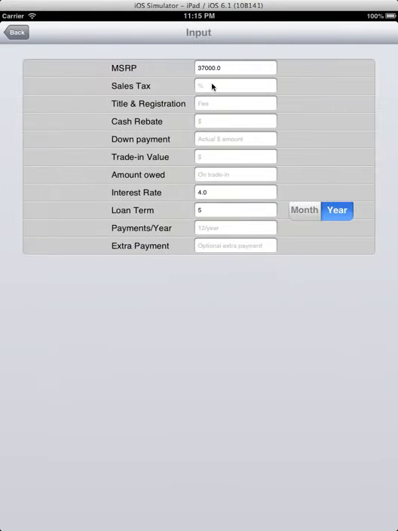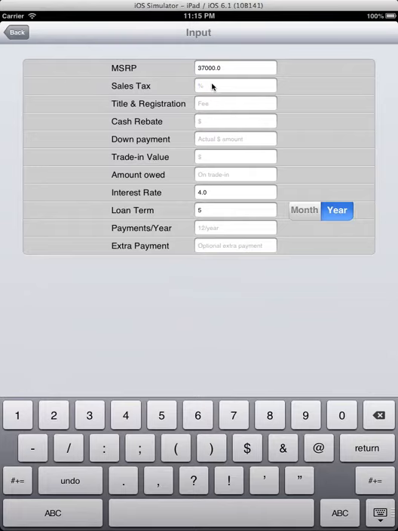Let's take a look at the amortization. MSRP, and sales tax, title and registration, say, cash rebate, down payment, trade-in value, and amount owed is zero. So term is 5 years, and say 24 and $100 extra.